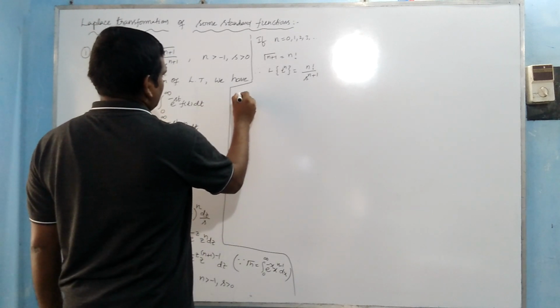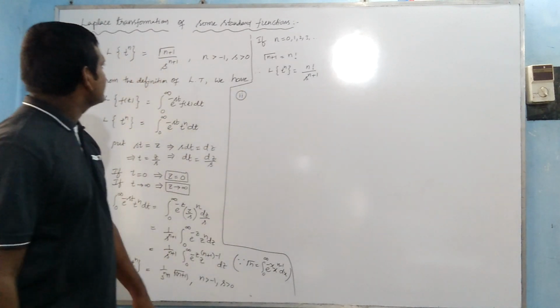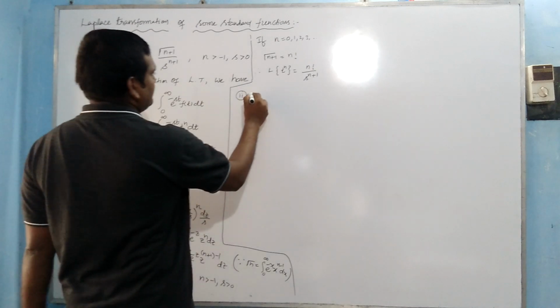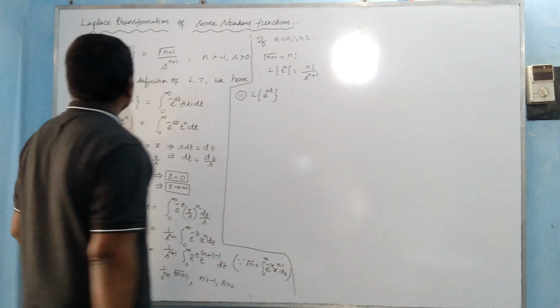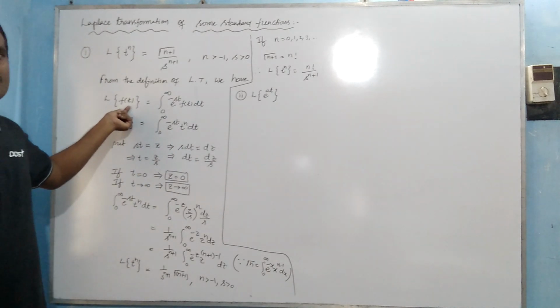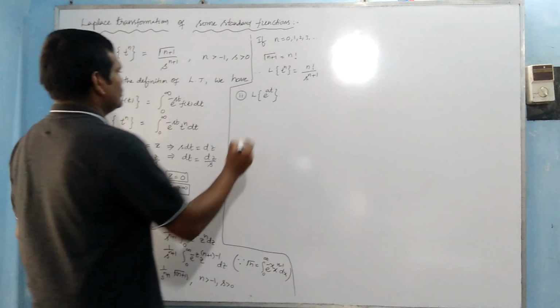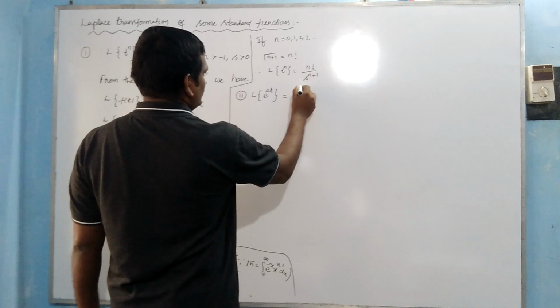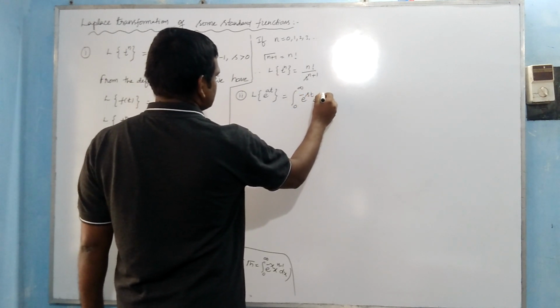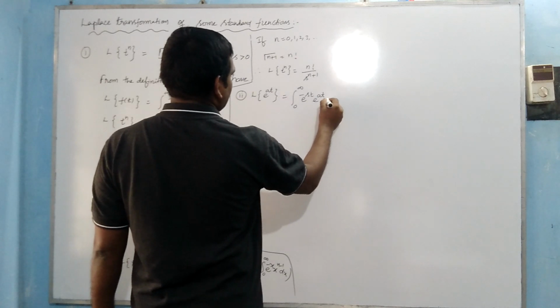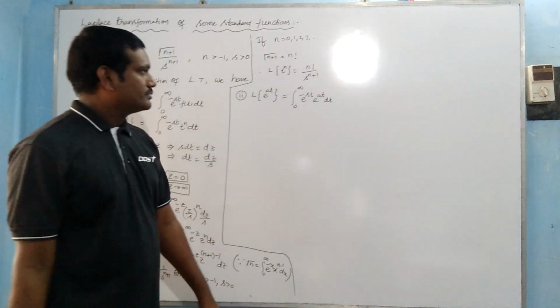The second standard function is Laplace of e power at. Again from the definition of Laplace of f of t, integral 0 to infinity e power minus st, where f of t is e power at, dt.